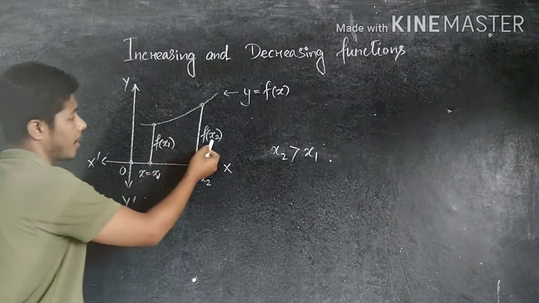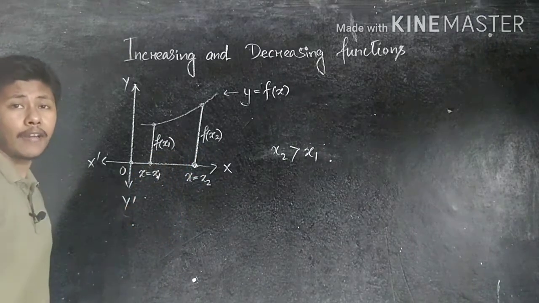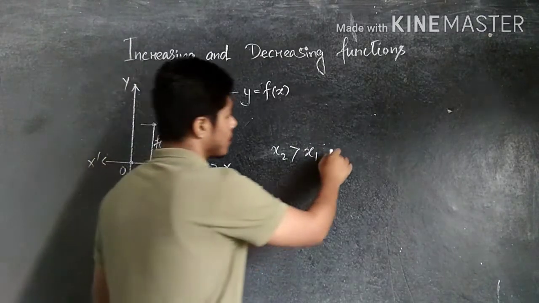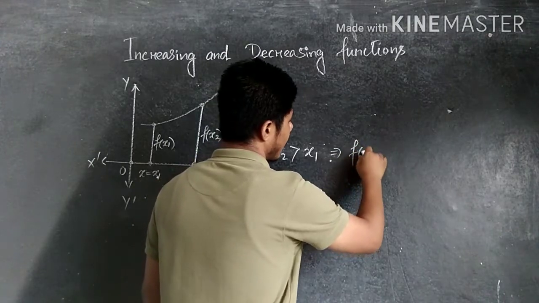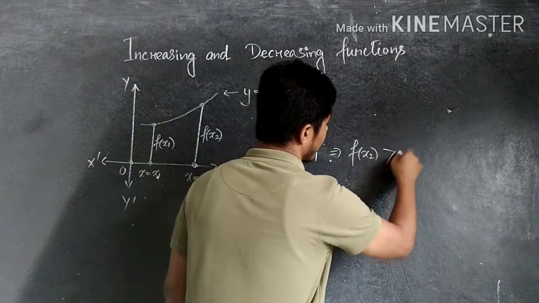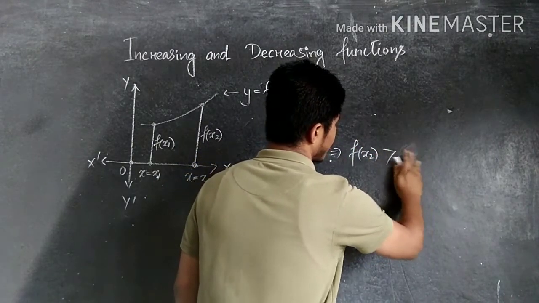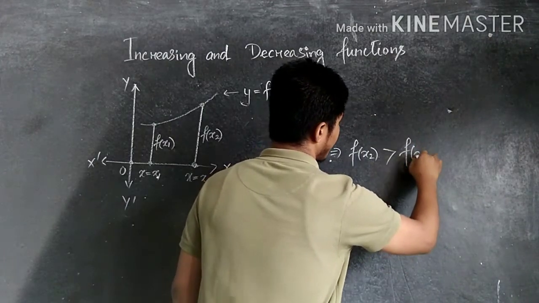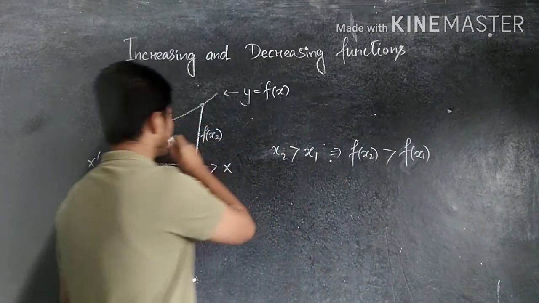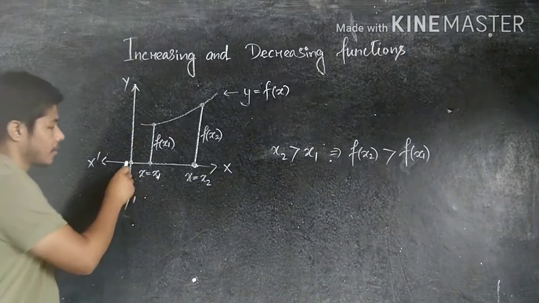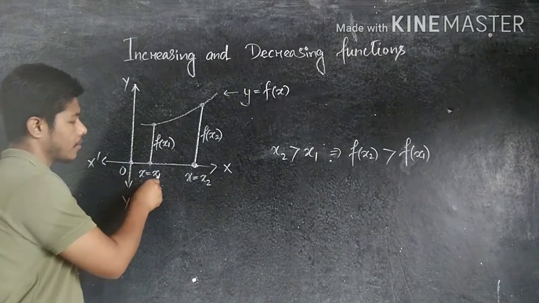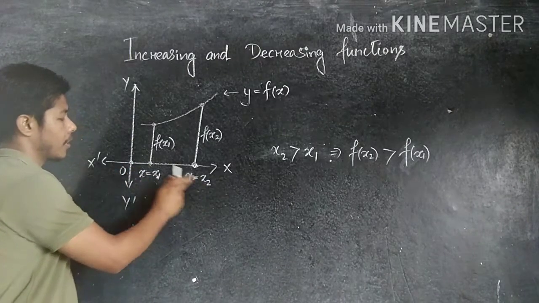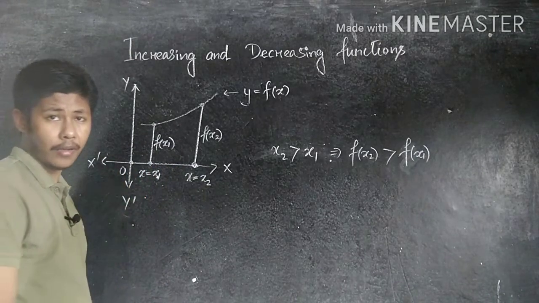Practically, if you see, f(x2) is greater than f(x1). That means in this case we get f(x2) is greater than f(x1). From this diagram we can say that. You see from here to here the coordinate is x1, and here it is x2. So in this case x2 is greater than x1, is it not?